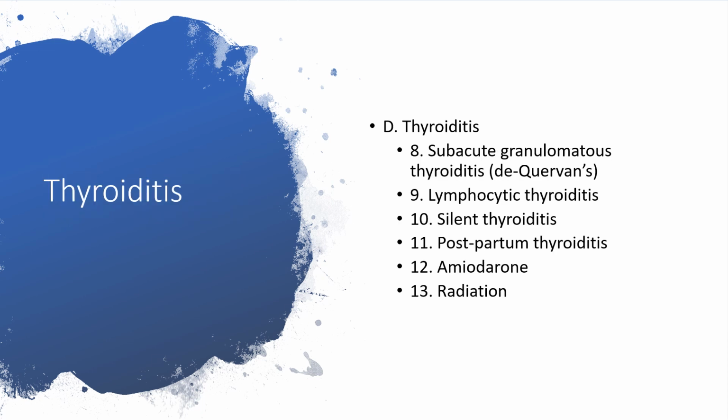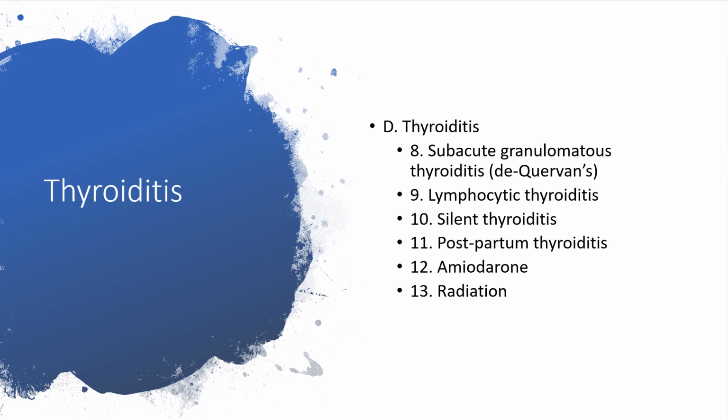In thyroiditis, it might be subacute granulomatous thyroiditis, or lymphocytic thyroiditis, or silent thyroiditis, or postpartum thyroiditis, amiodarone, and of course radiation. You can check my channel for a full presentation on amiodarone, and you get all effects of amiodarone on the thyroid gland and the hormone.